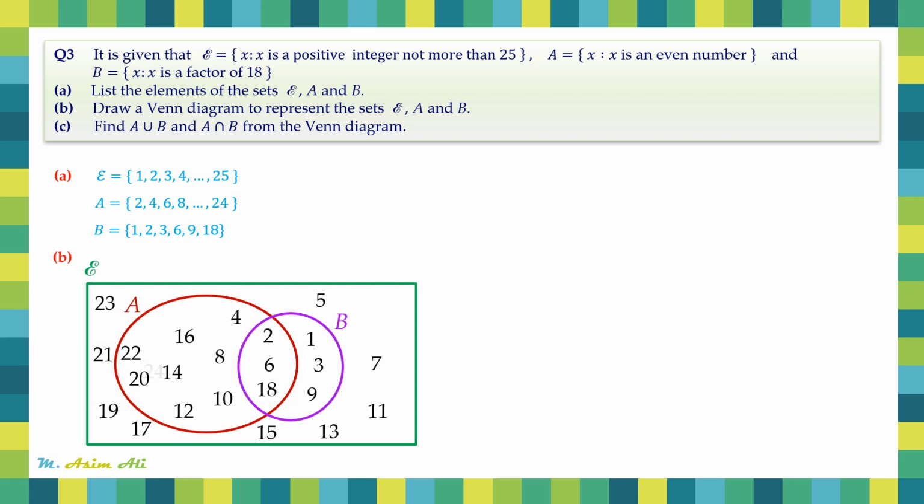So 19, and we will write all the numbers. This way we have completed our Venn diagram.